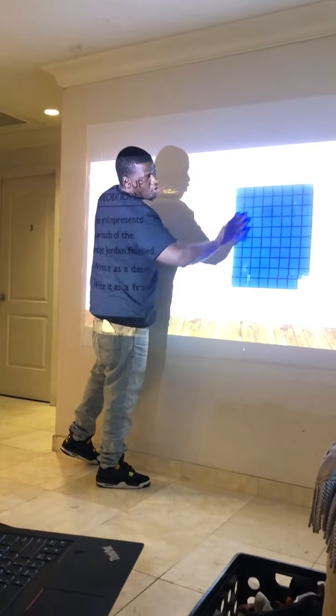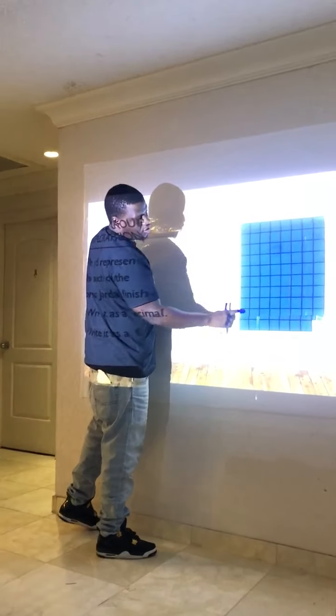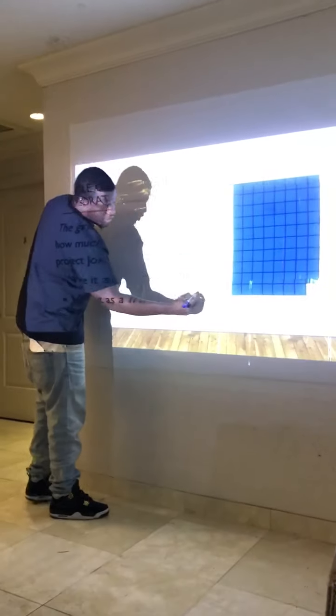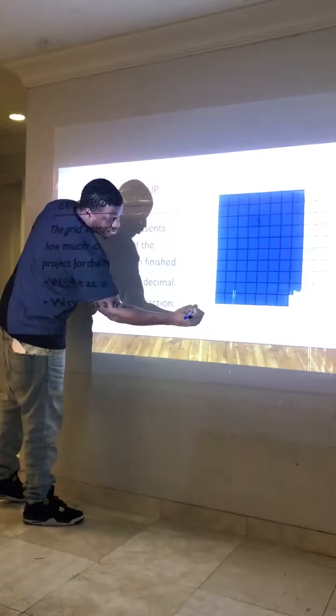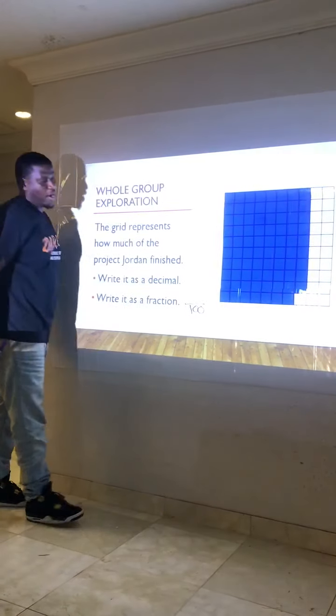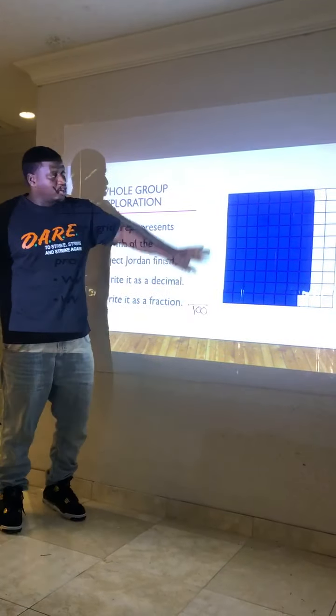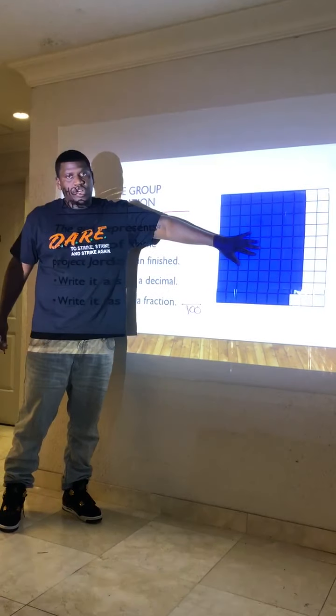Since this is my whole, and I'm looking at these, I know that in this whole, or in this flat, there are 100 parts. Right? Since there are 100 parts, I want to know how many are shaded in that 100.